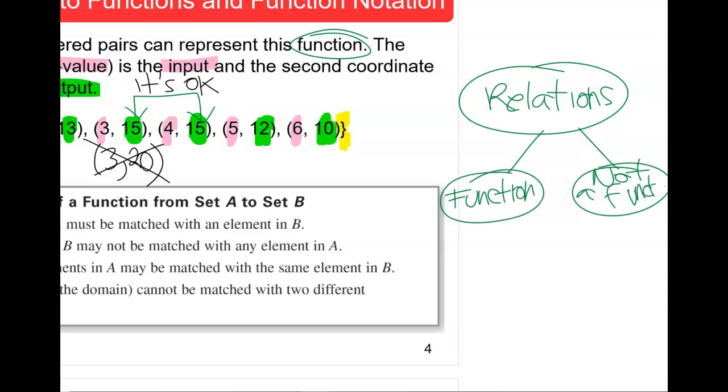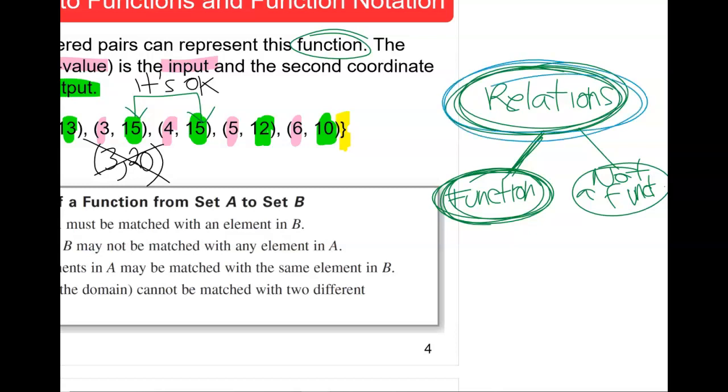So all functions are also relations, okay? But not all relations are functions.